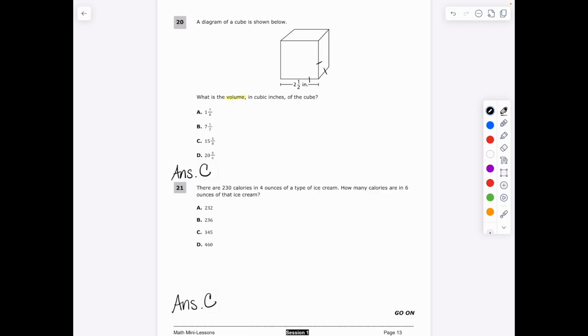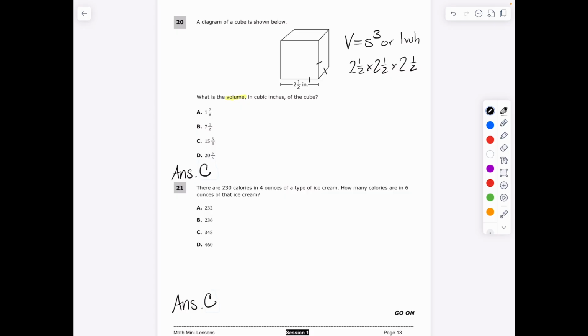So volume is each side to the 3rd power. That's just saying I'm just multiplying 2.5 times 2.5 times 2.5. And is that any different from length times width times height? Same thing. It just means I have the same side, 2.5 times 2.5 times 2.5.